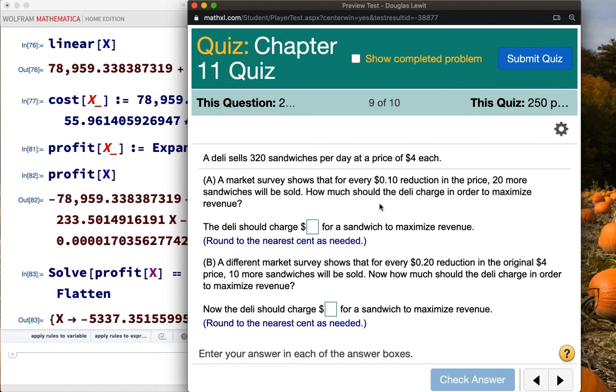How much should the deli charge in order to maximize revenue? Okay, so you have here a deli sells 320 sandwiches per day at a price of $4 each. Every time I reduce the price by 10 cents, 20 more sandwiches are going to be sold.